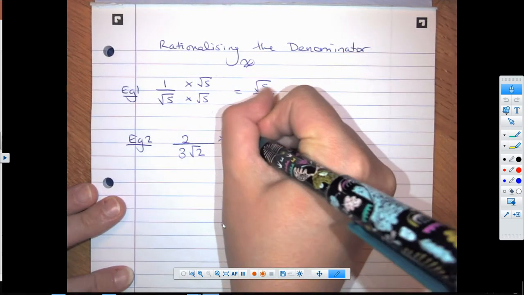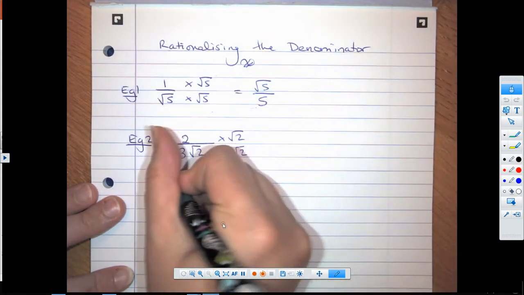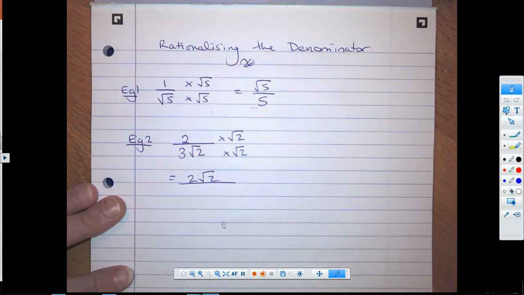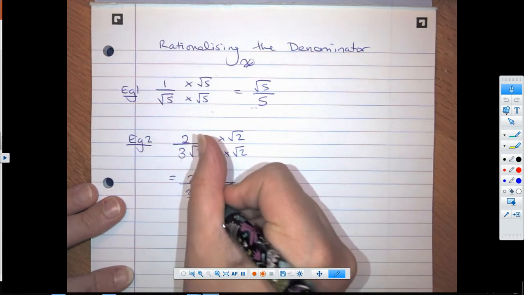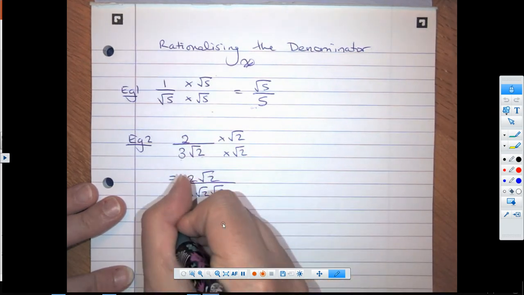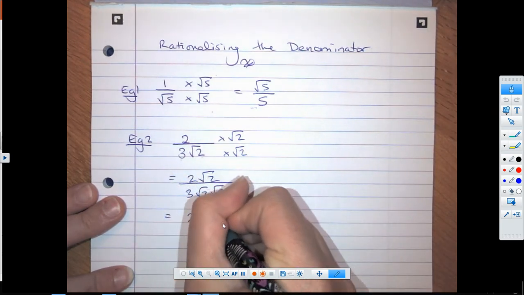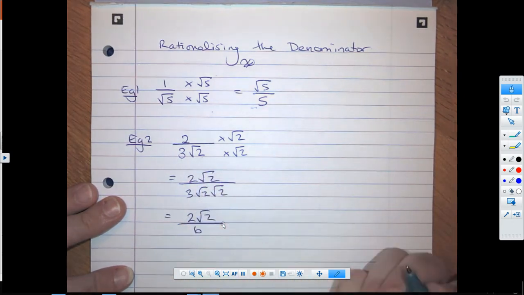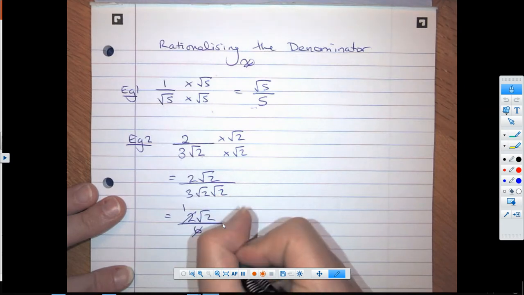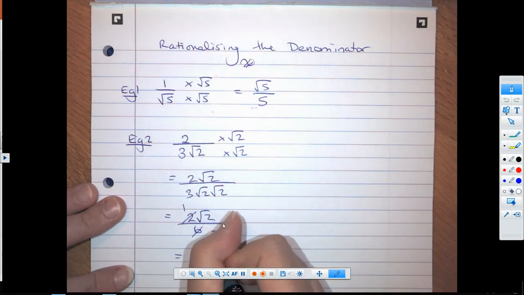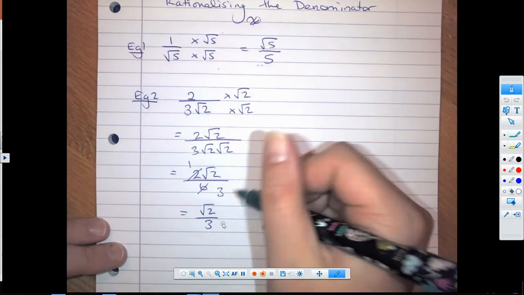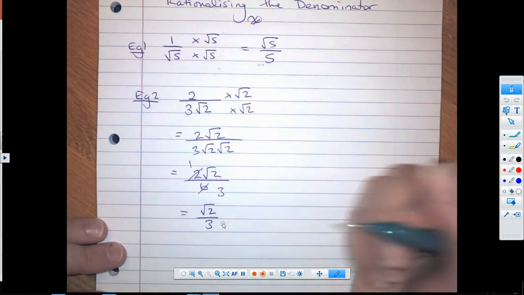Okay, same in the numerator, and that would give me 2 root 2 in the numerator over 3 root 2 root 2, which would give me 2 root 2 over 3 times 2, because that becomes 2, which is 6. Okay, now remember, I do cancel where I can, and so my final answer in this case would be root 2 over 3. So we did extend you further last time, and we looked at this type as well.